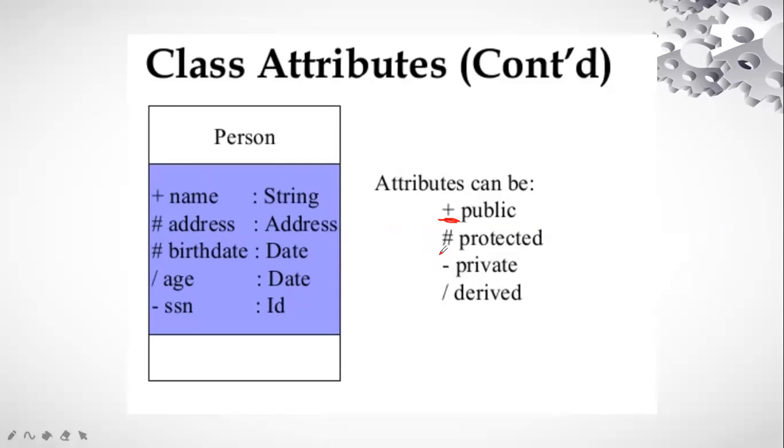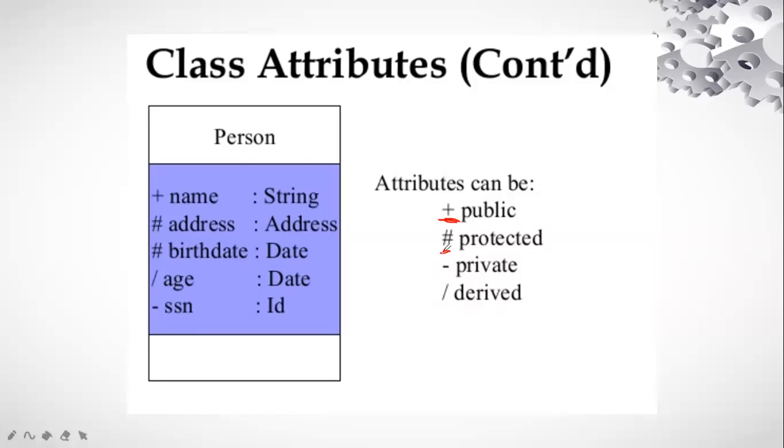When I use this hash sign, it shows that this attribute is a protected attribute. When I say protected, it is visible from within the class and from the subclasses inherited from this class, but not from the outside.